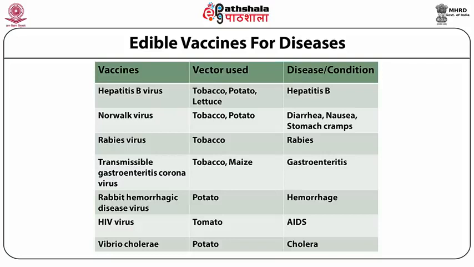All different vaccines derived from various proteins obtained from genes of various viruses are expressed in several different types of plants listed here: tobacco, potato, lettuce, maize, and so on, to develop edible vaccines which can fight a particular disease or condition when consumed orally.